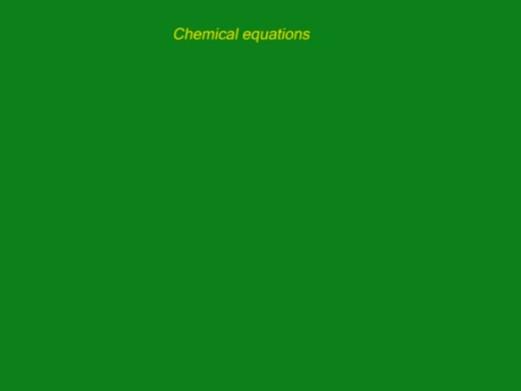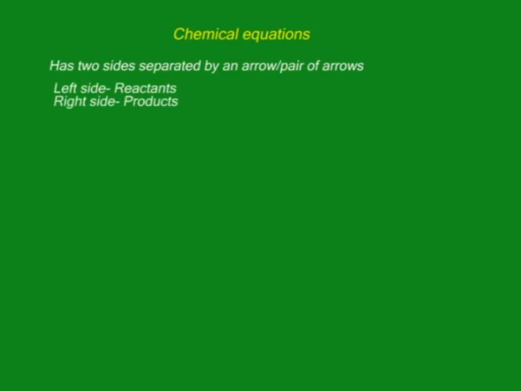Next is chemical equations. A chemical equation constitutes of two sections separated by an arrow or a pair of arrows. The left-hand side contains the reactants and the right-hand side contains the product. For instance, iron combines with sulfur to form iron(II) sulfide. Iron and sulfur are the reactants, iron(II) sulfide is the product, and this information is represented by the equation as shown on your screen.